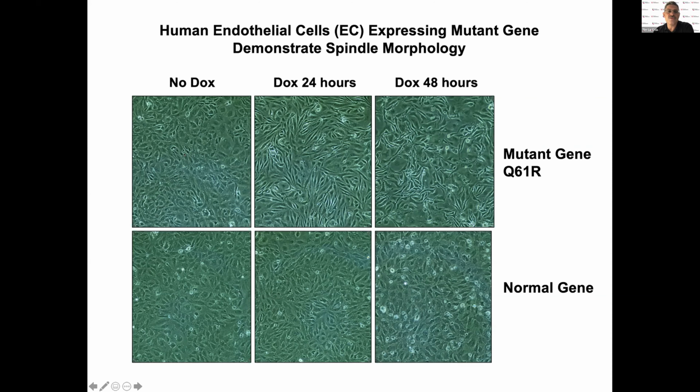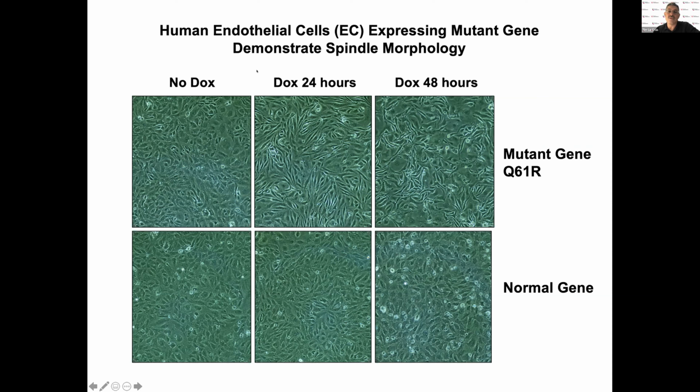So this is how these normal endothelial cells look. They look a bit like cobblestones. They're obviously right up against each other. And then below is the control cells. These are cells we've put the normal gene into.